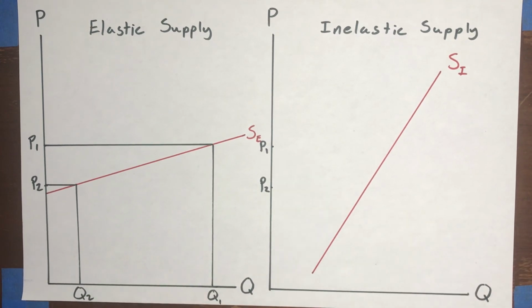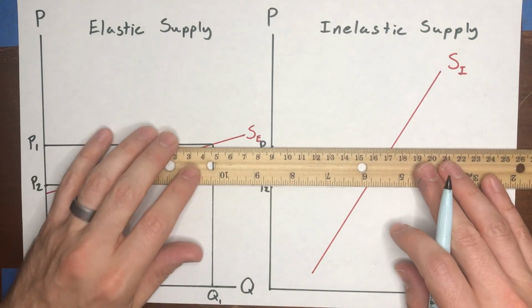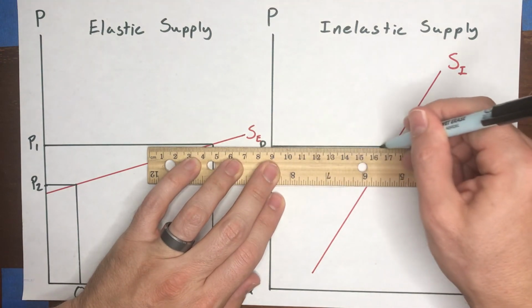And in this case, if I've got two prices, P1 and P2, cutting the price from P1 to P2 is going to have a relatively small impact on the quantity of units supplied.